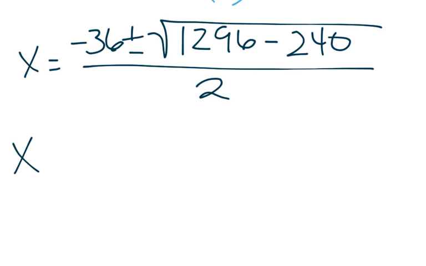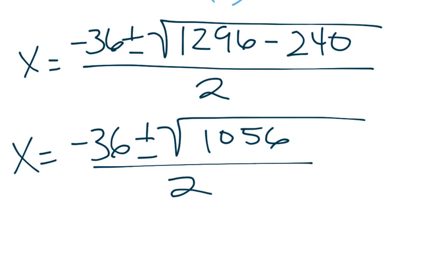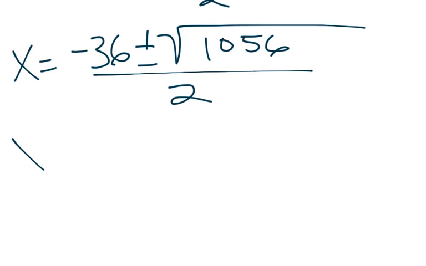So we have x equals negative 36, plus or minus the square root of 1296 minus 240, which is 1056, over 2. And now we're going to find the square root of 1056. Oops, no square root sign anymore once we do that.